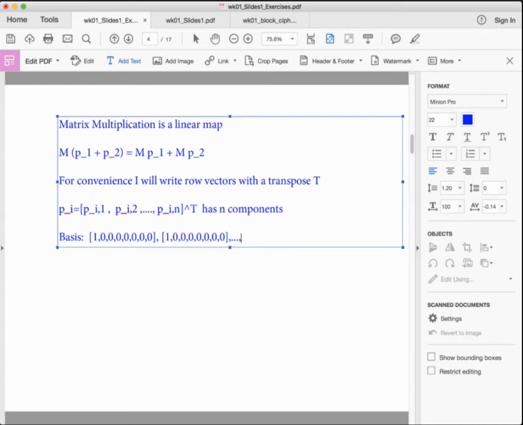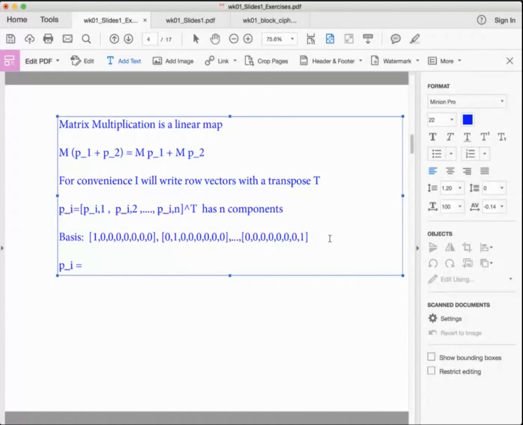Put a 1 in the first component, put a 1 in the second component, and in the end, put a 1 in the last component. So therefore, I can write EI, I'll call this set, the ordered set E1 to E8 in this case. So it's an ordered set.